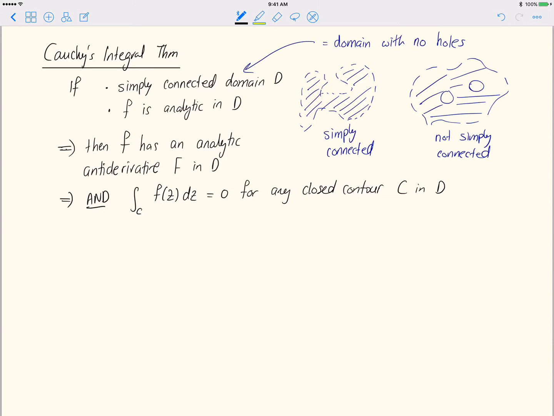So let me give you an example of how this theorem works. So consider the following example.